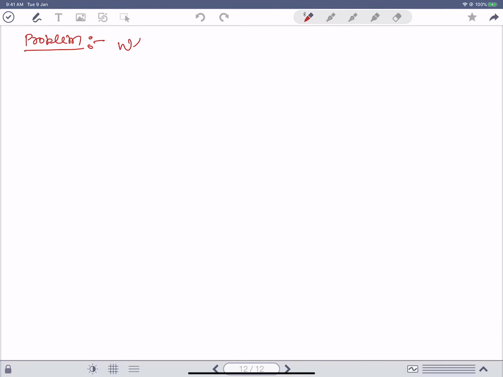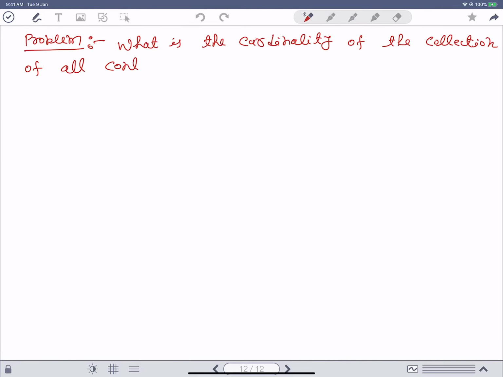What is the cardinality of the collection of all continuous functions from R to R?